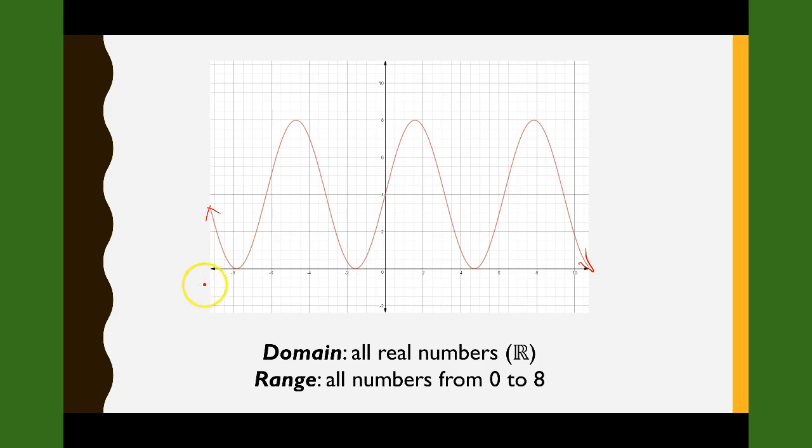So our x values keep going to the left and keep going to the right. But the y values, as you can see in the graph, the minimum is 0, like at this point, at this point, at this point, and the maximum is 8. I mean, those points that I marked. And thus the range are all numbers from 0 to 8.